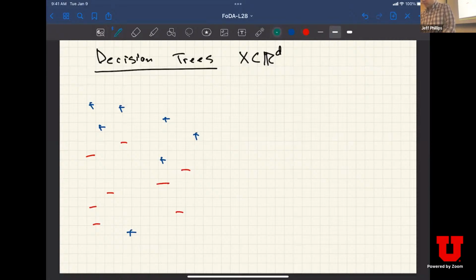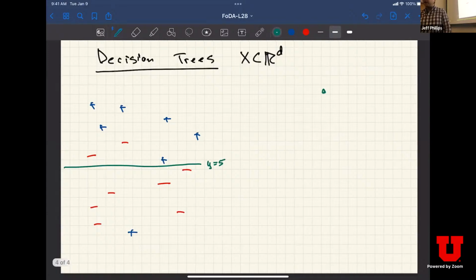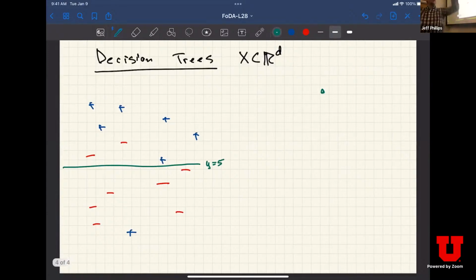Say we had one more point down here. So one split might be on the coordinate axes. One thing nice about this is it treats each coordinate separately from all the other coordinates, so they can mismatch in units and there's nothing to worry about there. Let's say this is y equals 5. I'm going to correspond that with the split in a tree, building it up in parallel on the right side of this picture.